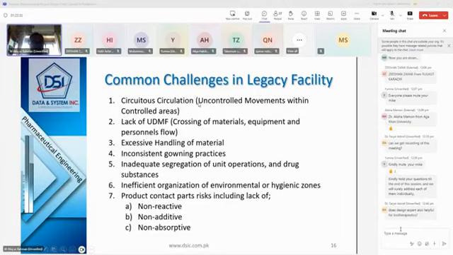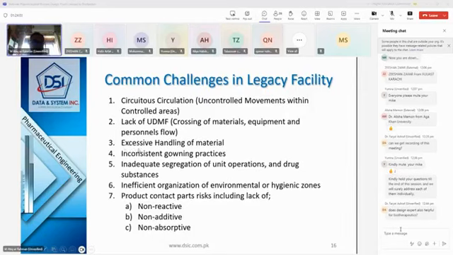Uncontrolled circulation in the area is one of the biggest challenges, because the plant is not designed to address that issue. Most of the plants in Pakistan are not designed to address the uncontrolled movement of personnel and material in the area. Number two, the lack of unidirectional material flow, with crossing of materials, equipment, and personnel flow.